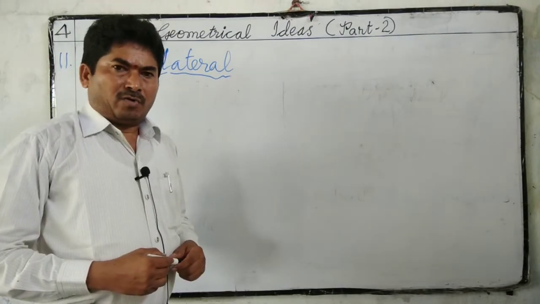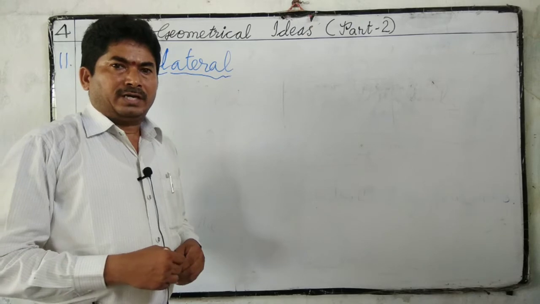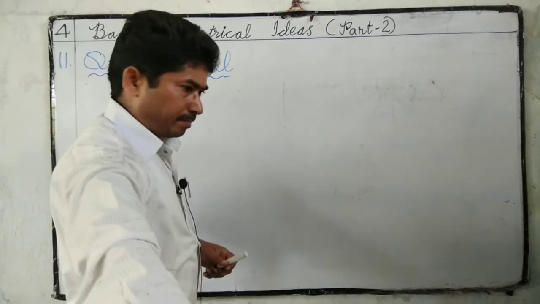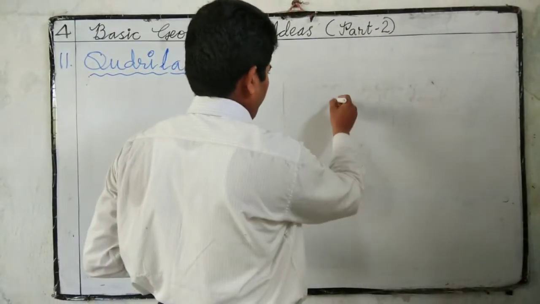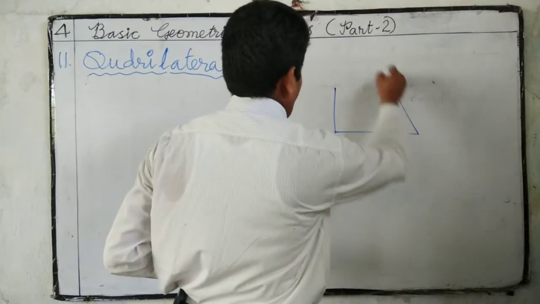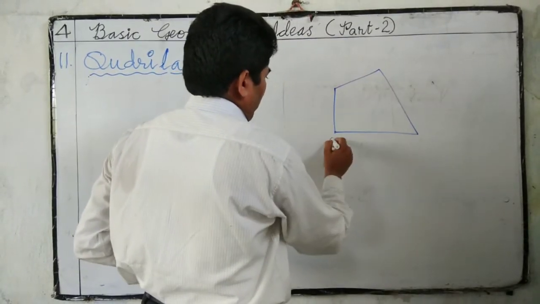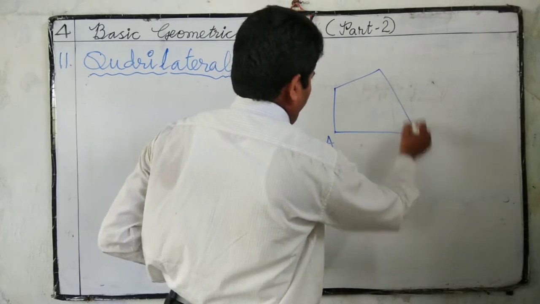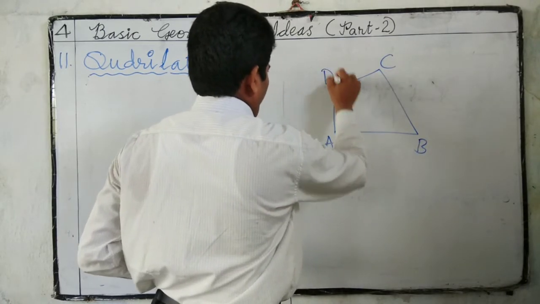To understand a quadrilateral, let us draw a figure. It is a quadrilateral ABCD.